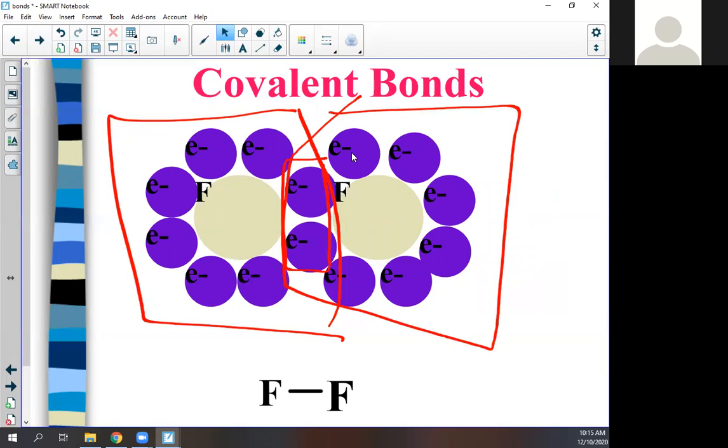So even though they don't have 16 total electrons, they can pretend they do if they share 2 of them. Okay, fluorine itself had 14 if you multiplied it by 2, because this had 7, this had 7. They had 14, they want 16, so they have to share 2. Kind of okay with that?